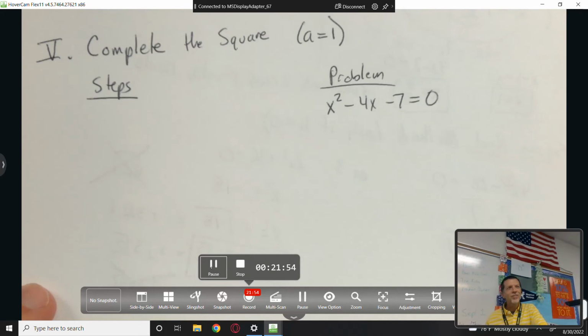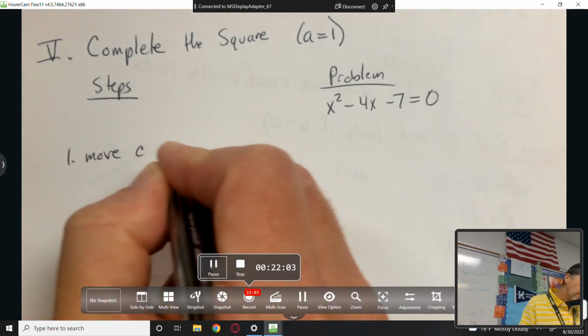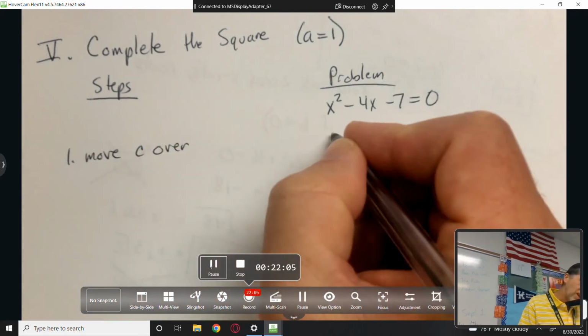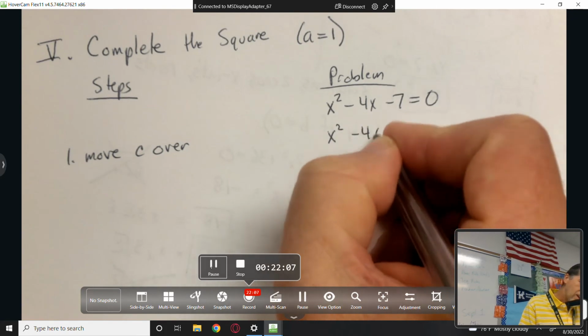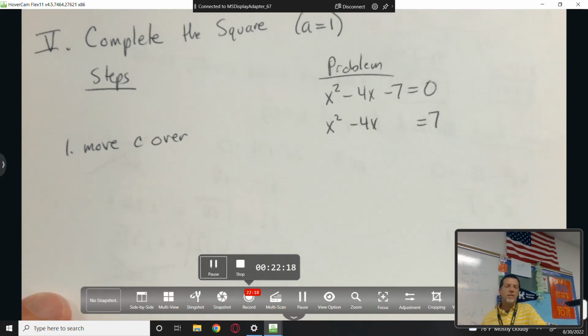It's just been way too long. Let's move c over. Like, get c out of the way. X squared minus 4x, and you notice I left a blank there because we're going to fill that blank in a minute. X squared minus 4x equals 7.